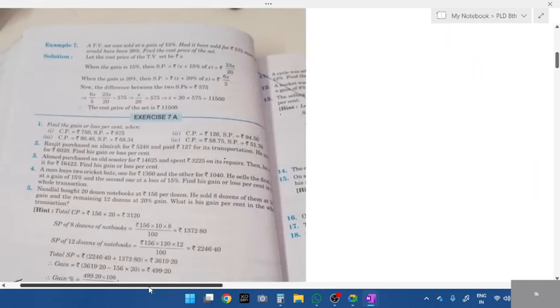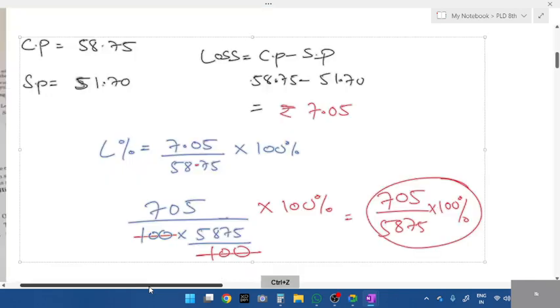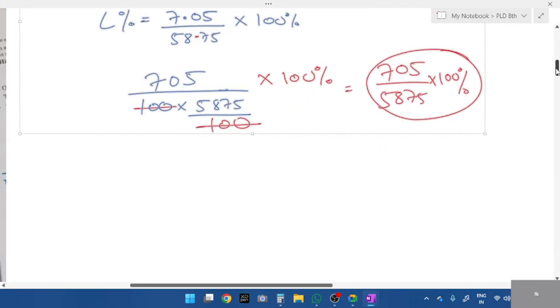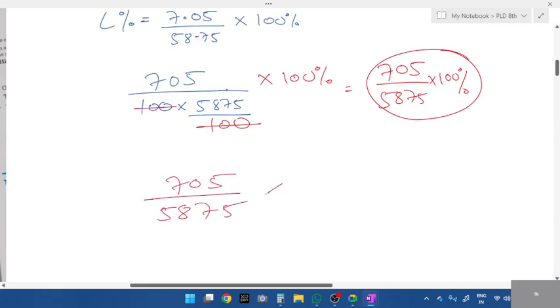Yeah, look at the next one, students. What is extra in the next question? Okay, tell me. 145. Who is it? Saima. Yeah, tell me, Saima.